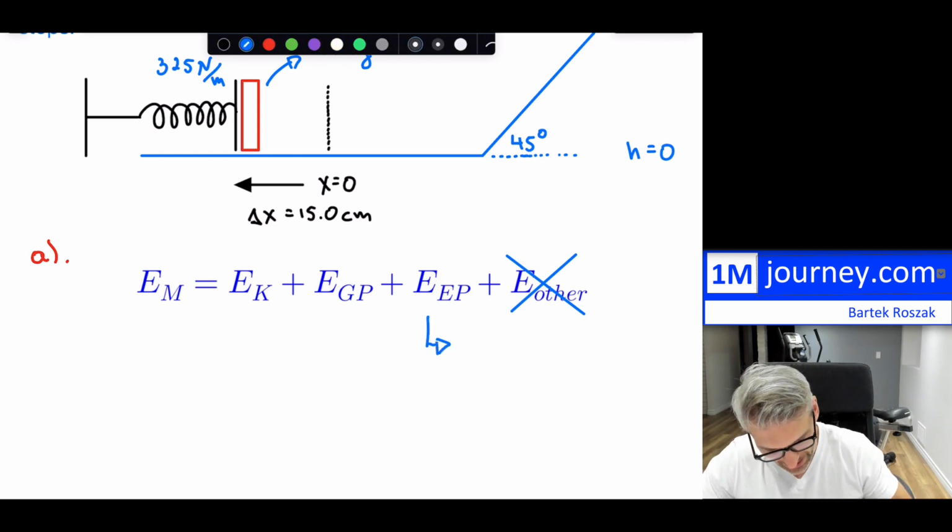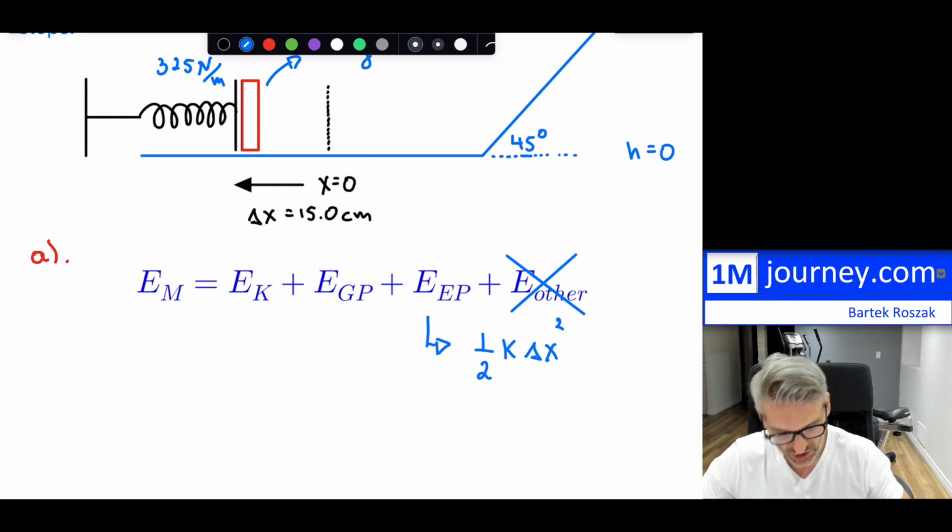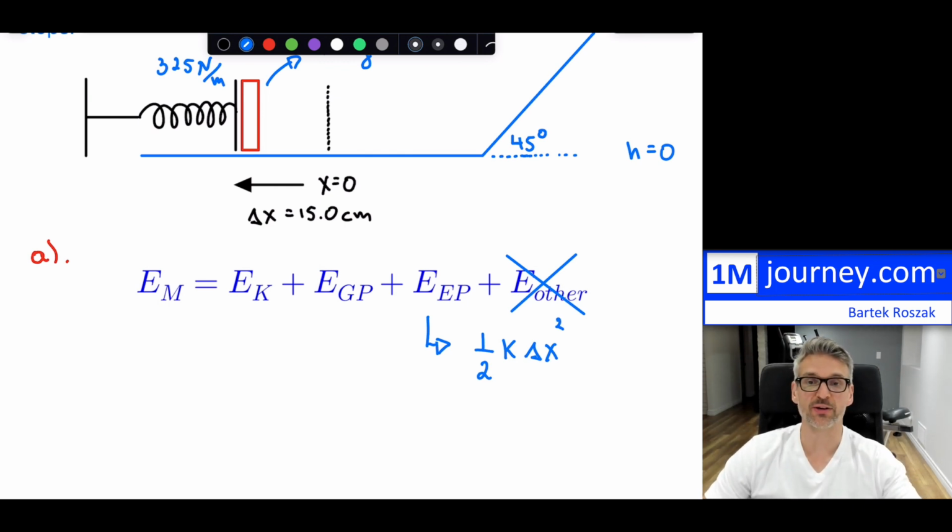A spring has 1/2 times K, multiplied by whatever it has been displaced, squared. If you want to find out where this is coming from, I'll put up a link above so that you recall this.